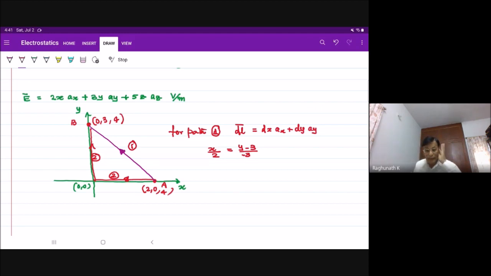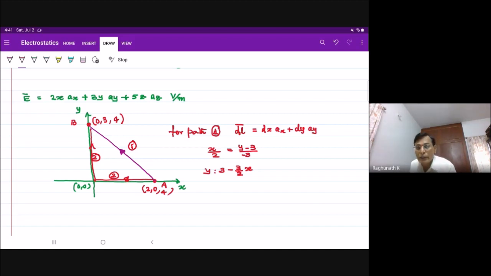I think now it is done, right? y is equal to 3 minus 3 by 2 x.